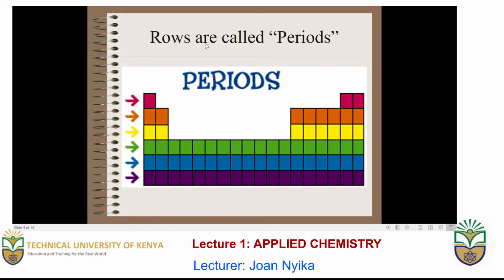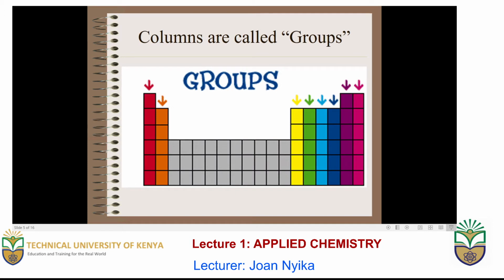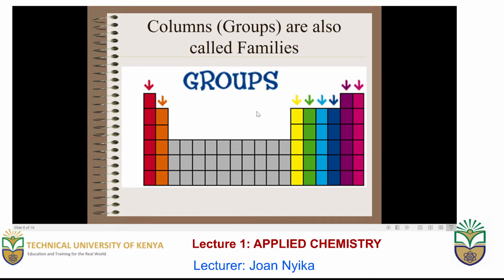The rows are what we call periods, and as I've mentioned, they move right across from left to right. Those are periods. While the columns, which move from top to bottom along, are what we refer to as groups. Columns or groups are also called families.